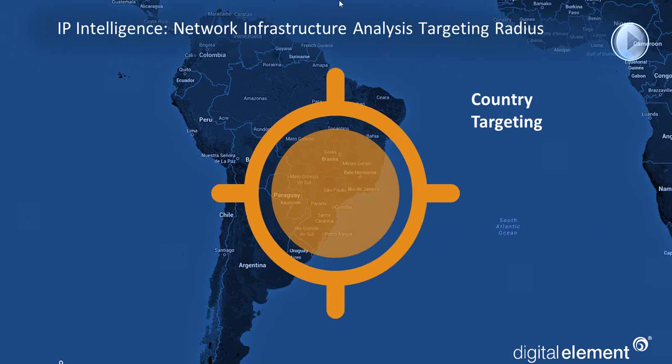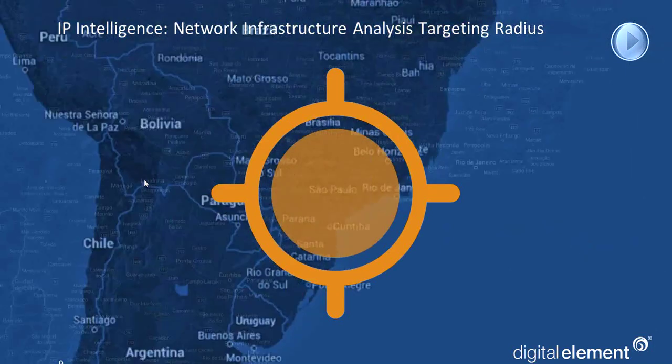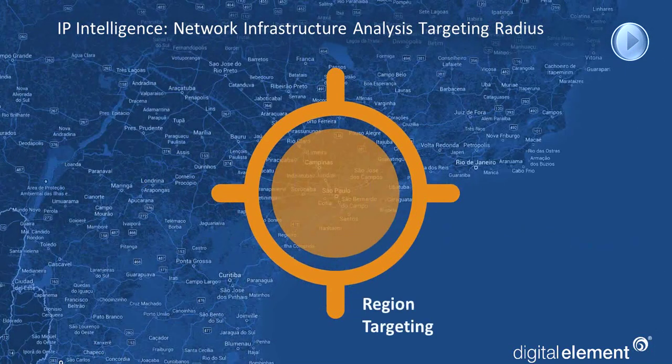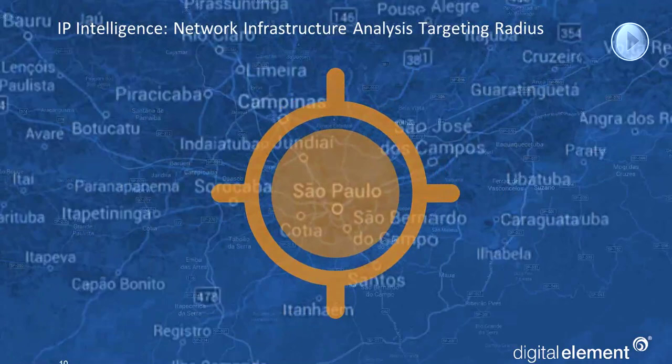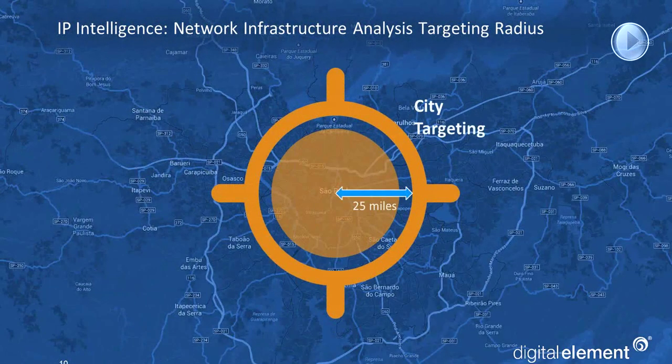So with our regular targeting technology, we can go from a country level down to the region targeting level and bring that even farther down into the city level. Now, depending on the density of a city, that radius might be 25 miles, depending on how dense and populated that city is, how many ISP points we can find in one city. But through our trace analysis, that's as far as we can go.